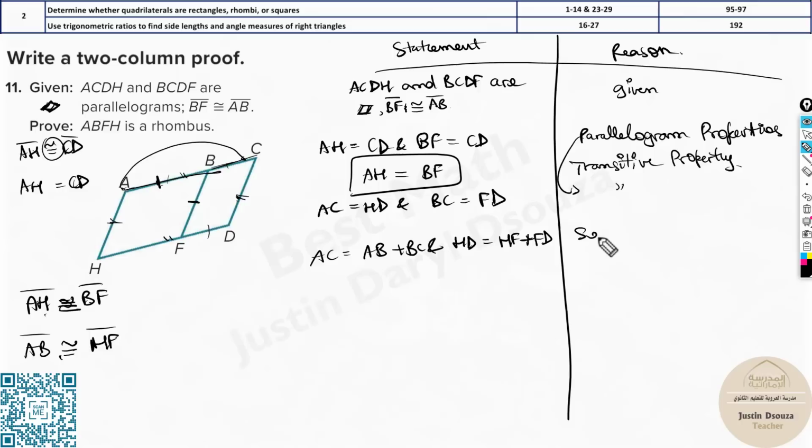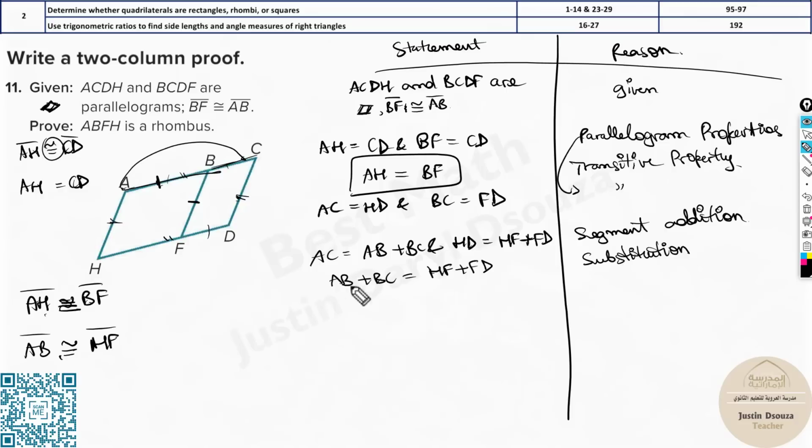Because this is segment addition. And then what else? Now we know AC and HD are equal. So can I write AB plus BC is equal to HF plus FD? That's it. And why do I do this? It's by substitution.